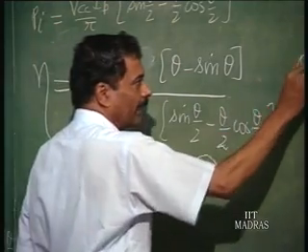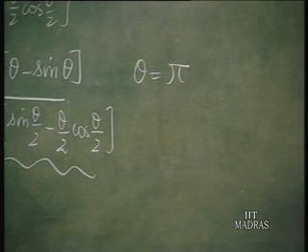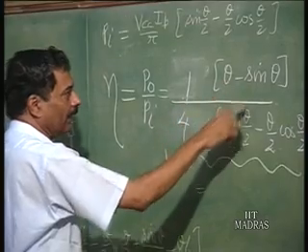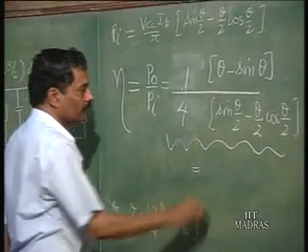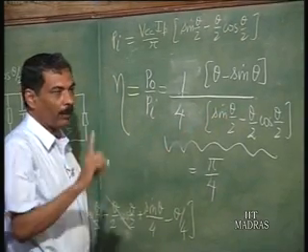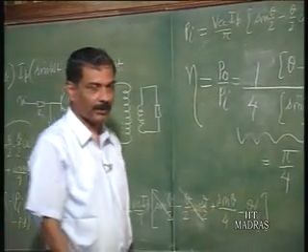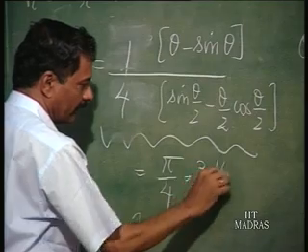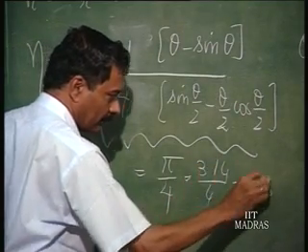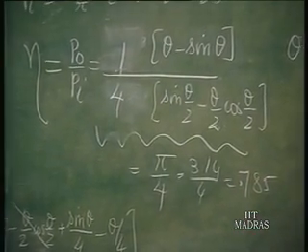At theta equal to pi, this should be the same 78.5. So, theta equal to pi, sin pi is 0. And in the denominator, sin pi by 2 is 1 and cos pi by 2 is 0. So, it is pi by 4, which is 3.14 by 4. So, it is the correct expression.